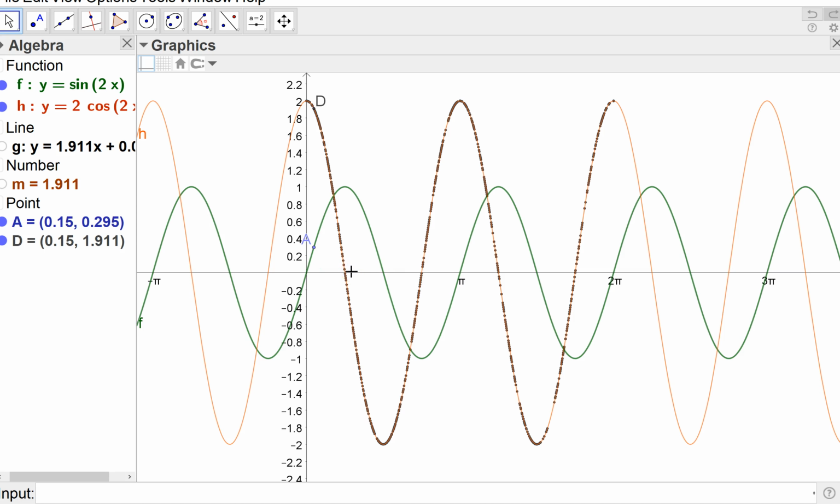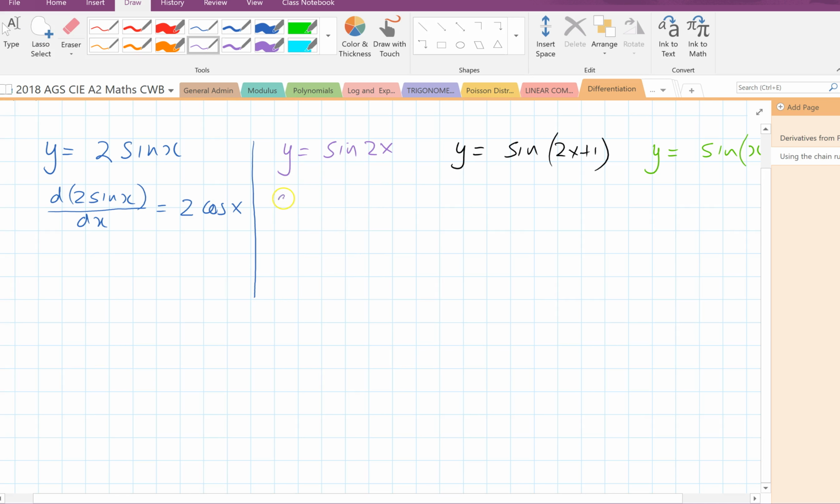So we can see that the derivative of sine 2x is going to be 2 cos 2x. From the diagram then we have this: the derivative of sine 2x with respect to x is going to be 2 cos of 2x.